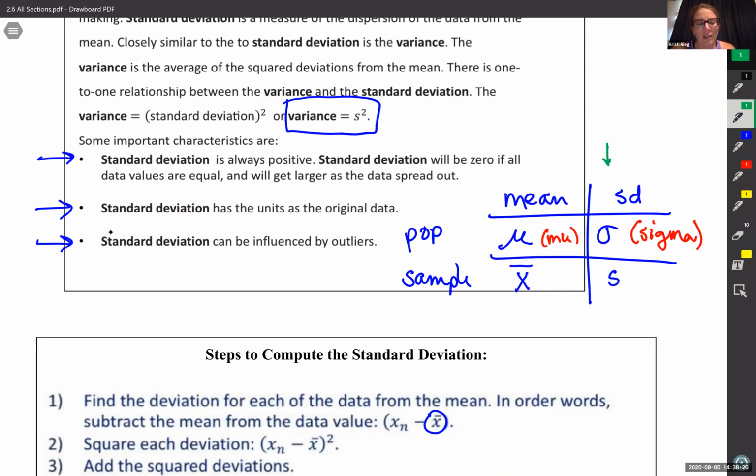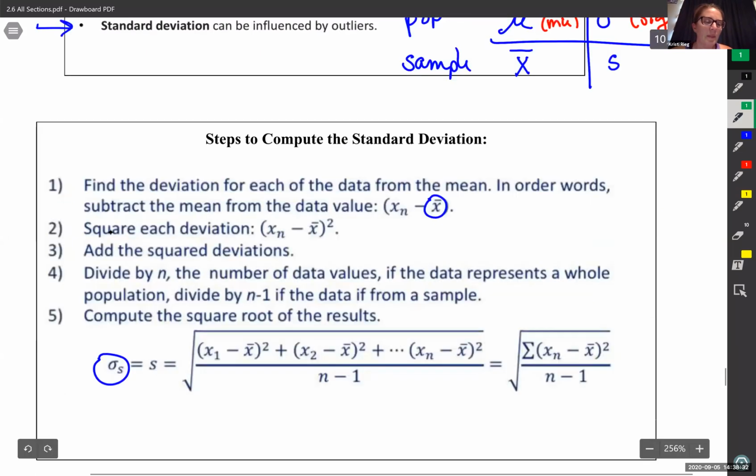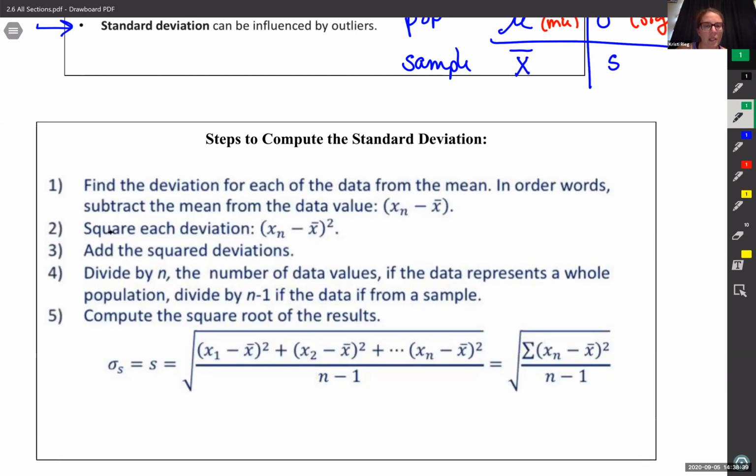Okay, so here are the steps for standard deviation. They're kind of long and complicated. And so what I'm gonna do is I'm just gonna leave these here for you to have access to, but I'm just gonna do step 1 and do step 2 and so forth on the first problem that we're gonna do with this. And then you can always come back to this chart and kind of read through what we did in case you can't remember how the steps came to be.